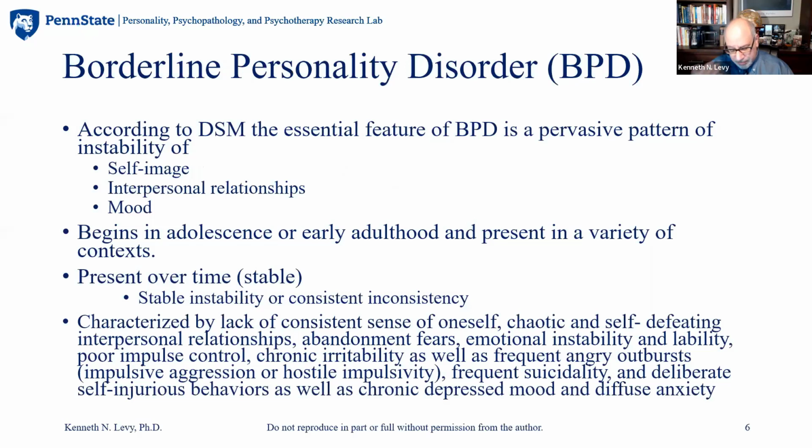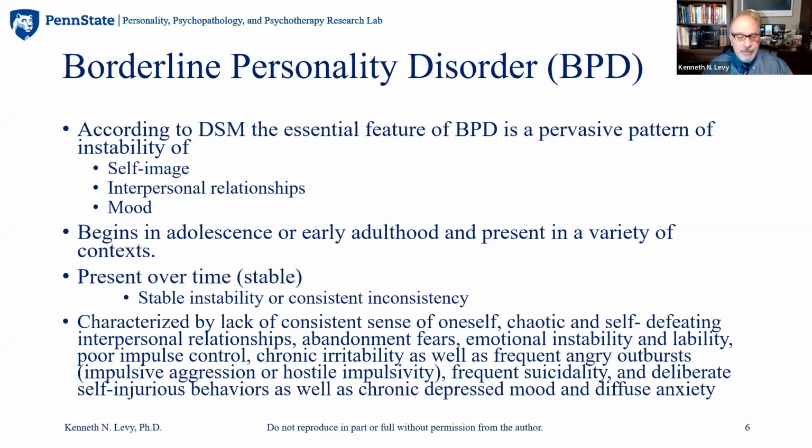And as I said earlier about personality disorders, this begins in adolescence or young adulthood, although often people are reluctant to diagnose borderline personality disorder or personality disorders in adolescence, in large part because it's hard to sometimes discern whether the behavior of the adolescent is a point-in-time issue or more characteristic of personality.